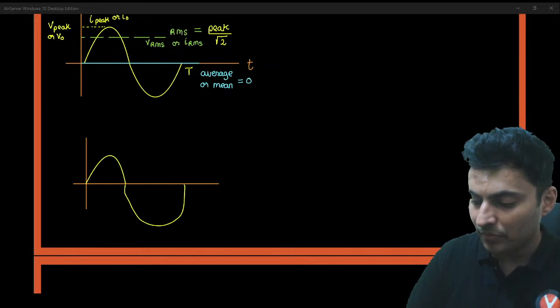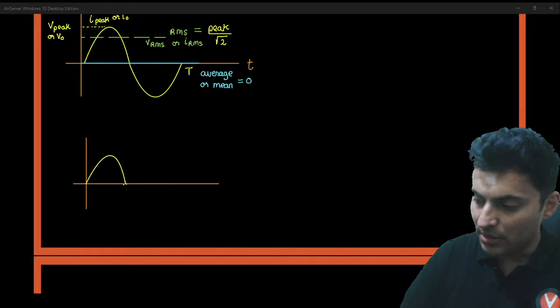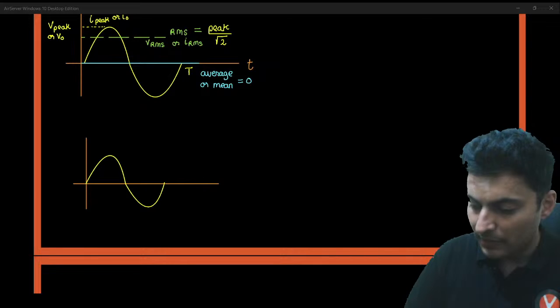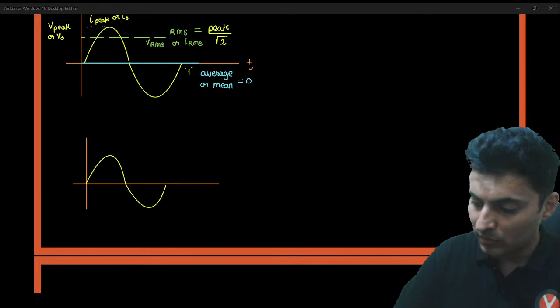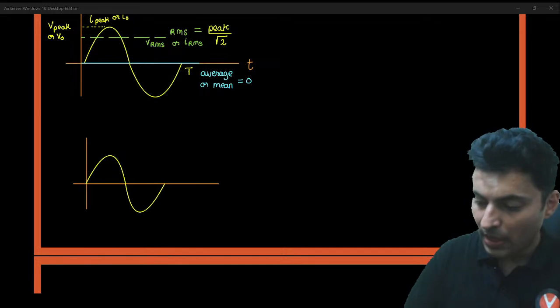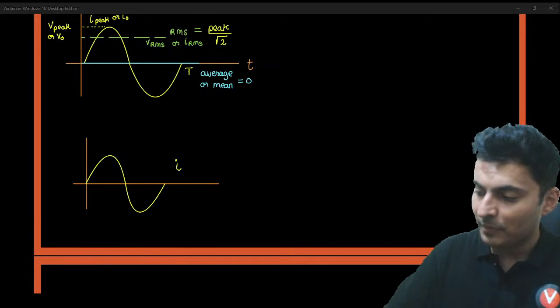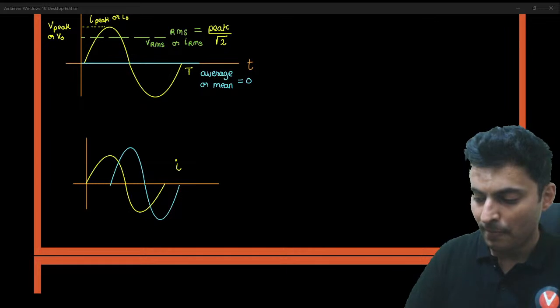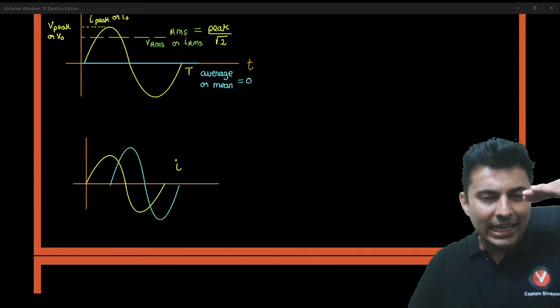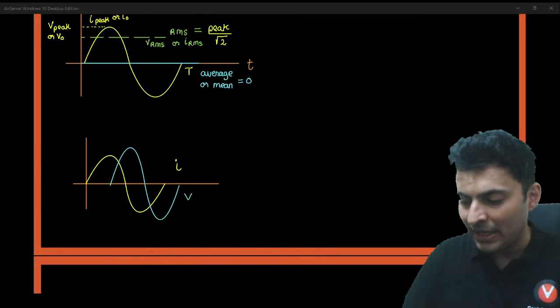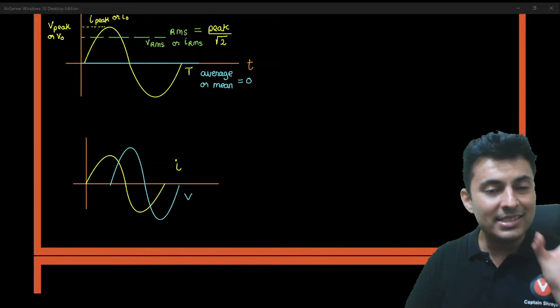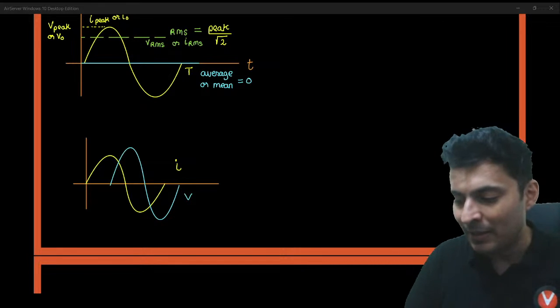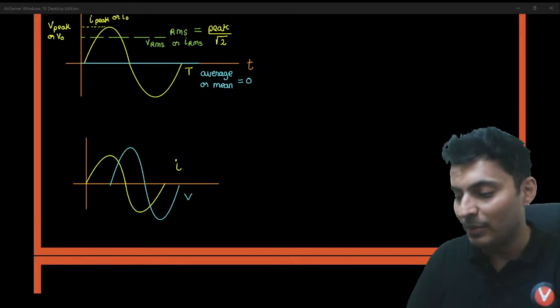Imagine this is the current graph, and here besides it I draw a voltage graph. Maybe it looks like this. You can see the maximum voltage line, maximum current line, they are both different. RMS values different. But what is same is the time periods, but they don't start at the same time. So clearly there is a phase difference between the two.